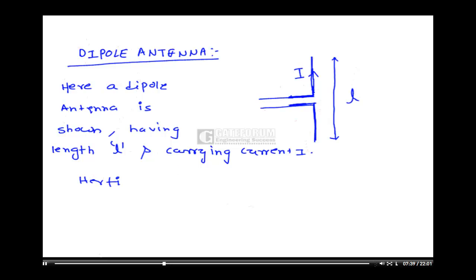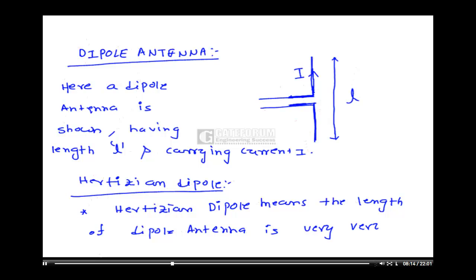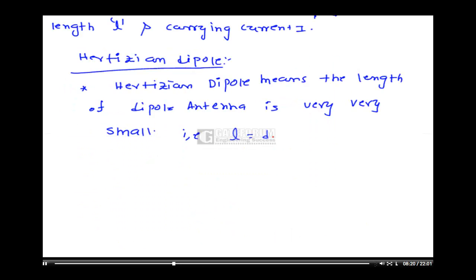Next one is the Hertzian dipole. What is a Hertzian dipole? Hertzian dipole means the length of the dipole antenna is very small, that is, L is equal to some small length dl.